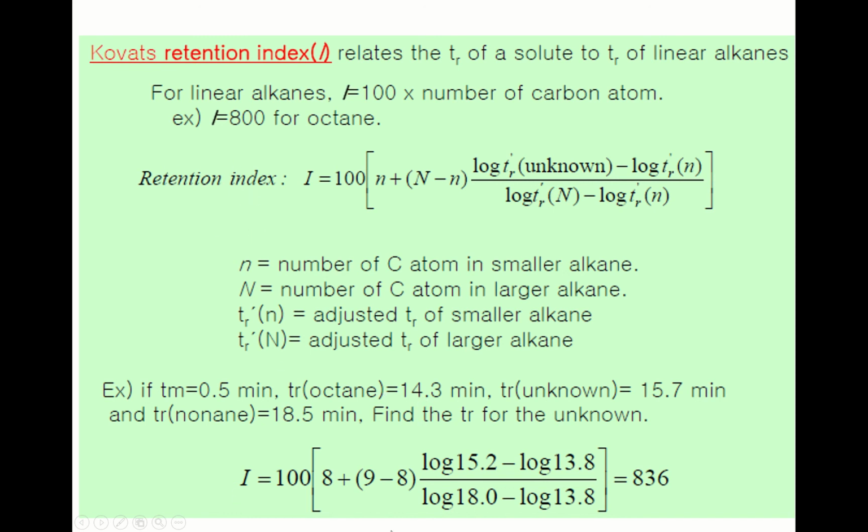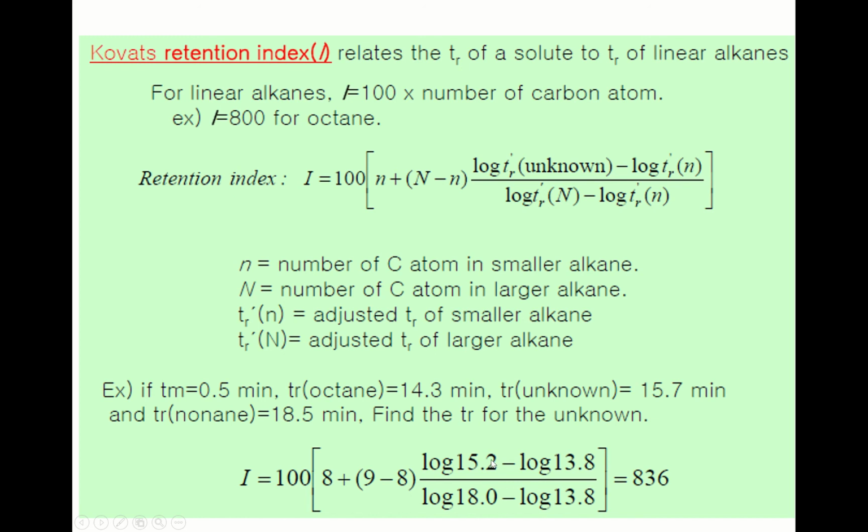Let's calculate. I is 100 times parenthesis 8, with small n, plus parenthesis 9 minus 8 parenthesis. The unknown is 15.7, but you subtract the retention time for methane, and then you get 15.2.